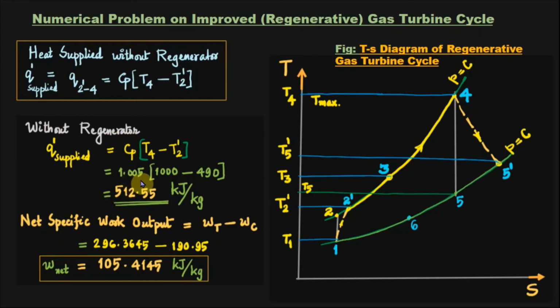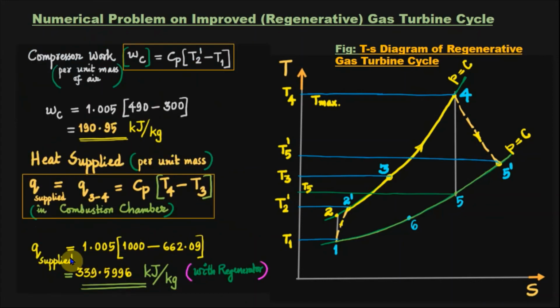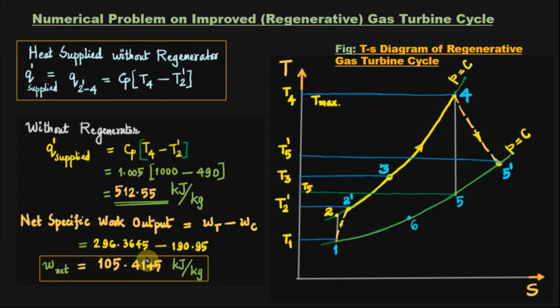That is 1.005 into 1000 minus 490. So 512.55 kilojoule per kilogram. Whereas if you use the regenerator, then the heat supplied is only 339.5996 kilojoule per kilogram. Now we will evaluate the thermal efficiency and all.